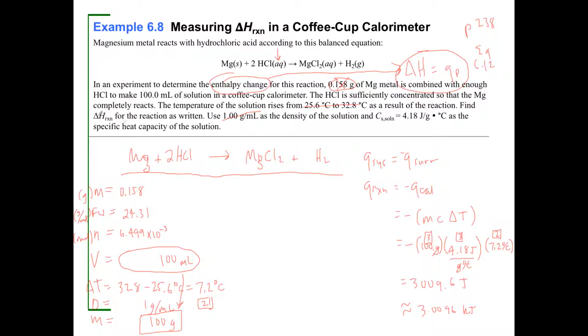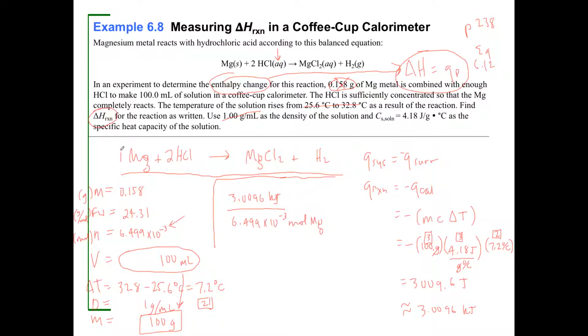But we were asked to find the heat of the reaction, and the heat of reaction is going to be in kilojoules per mole. I've set myself up. So this is 3.0096 kilojoules, and I'm just making some notes here, this doesn't belong in the table. Kilojoules per 6.499 times 10 to the minus 3 moles of magnesium.